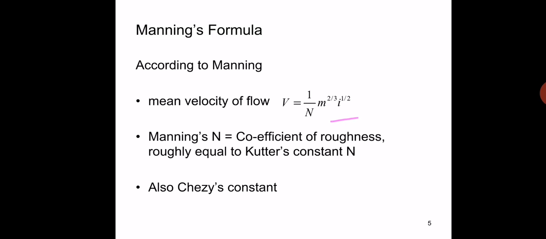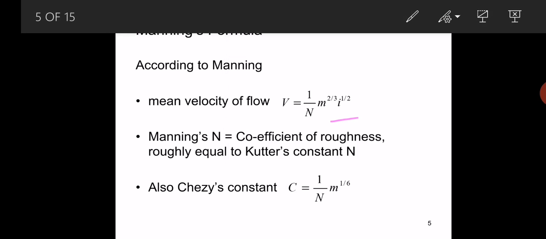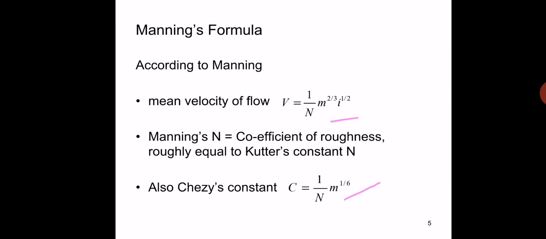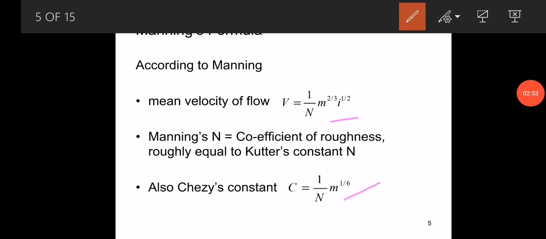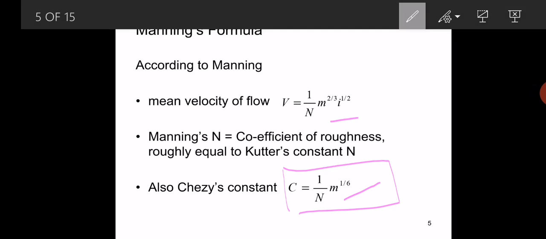Also according to Manning's formula, Chezy's constant becomes C is equal to 1 by n into m power 1 by 6. This is the Chezy's constant according to Manning's formula. So we will see simple problems on Kutter's and Manning's formula.